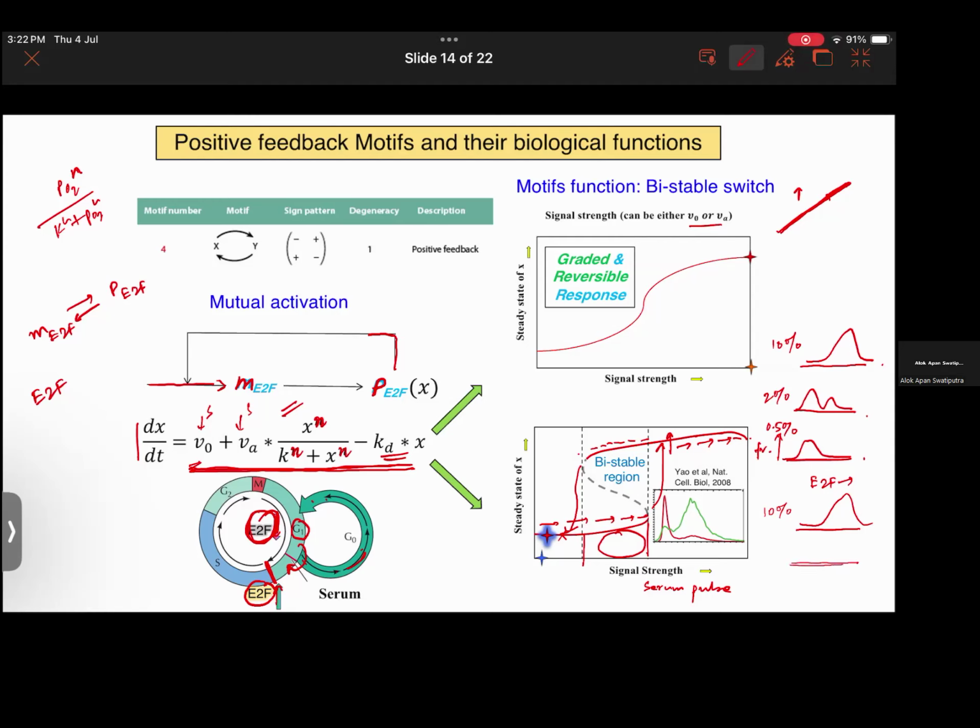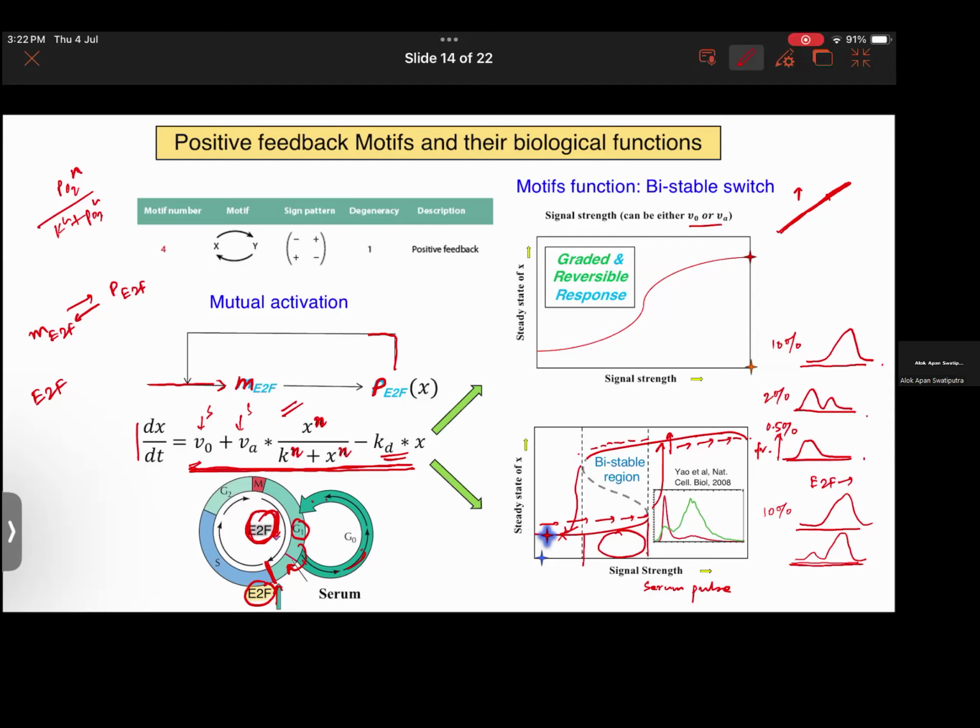When they brought it down from the high to the 2% serum pulse, what they observed is more number of cells were still in the high phase compared to the low phase.